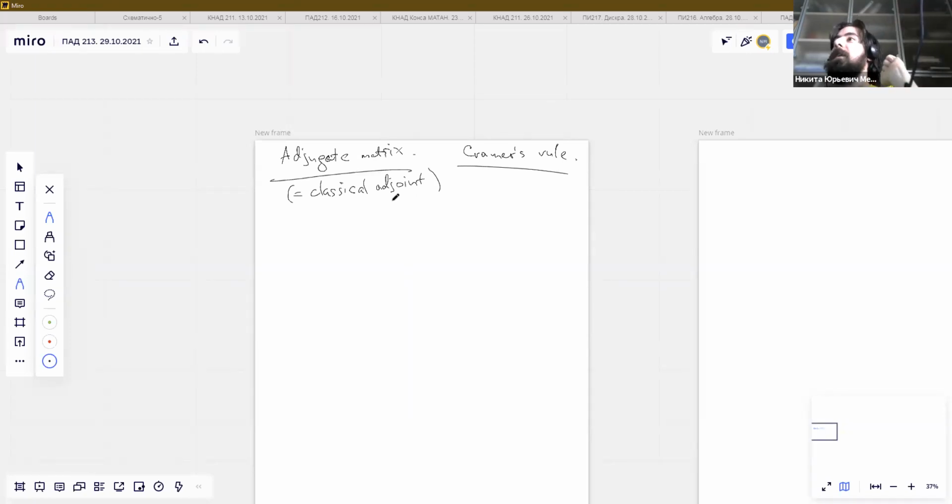This is a way to repair this situation, so we will use this word for this reason. And just so you know, in Russian it is called союзная матрица or присоединенная матрица.